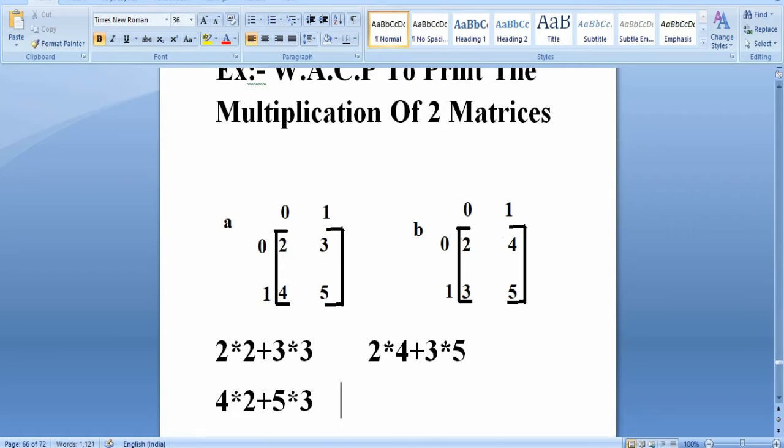This is the next element of the C matrix. Similarly, A of 1 of 0, which is 4, is multiplied with B of 0 of 1, which is 4, plus A of 1 of 1, which is 5, multiplied with B of 1 of 1, which is 5. This is the next element.